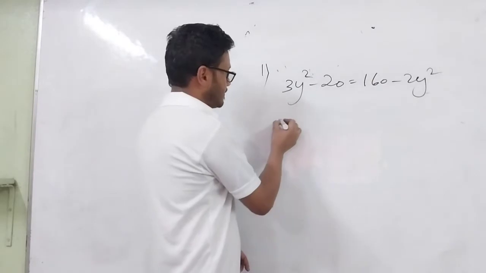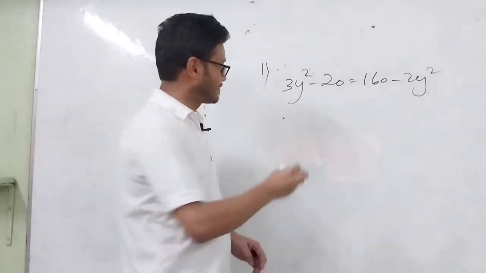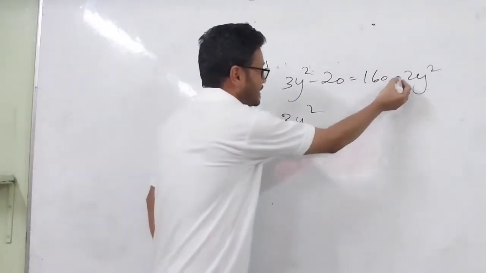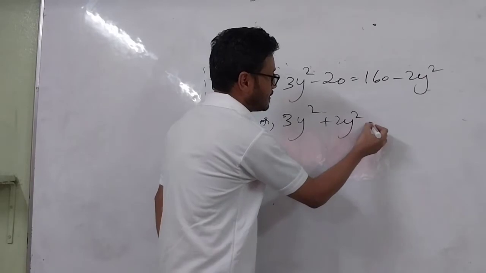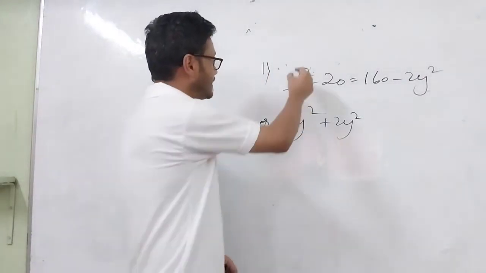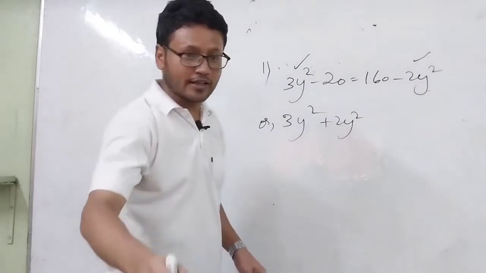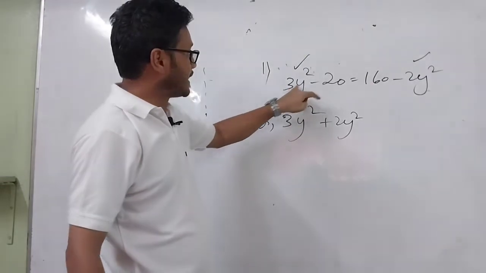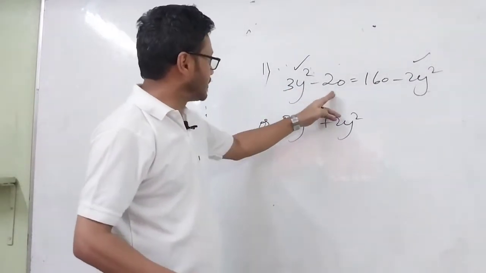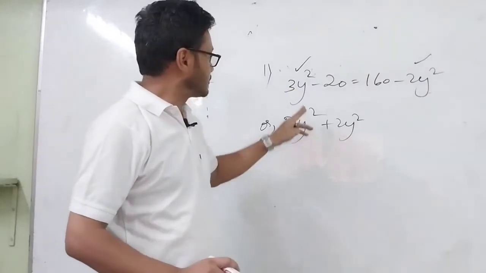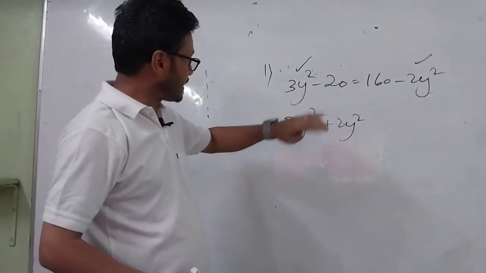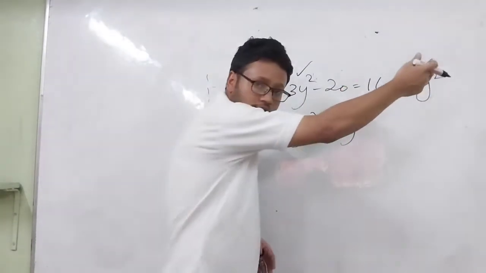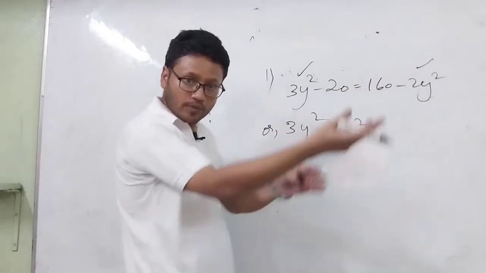Now see, first we have to look at the like terms: 3y square, and it's very simple, minus 2y square comes here as plus 2y square. These are like terms. So 3y square minus 20 equals 160 minus 2y square. 3y square and 20 are not like terms, since one is a number and the other is a variable with a number. So the number goes to one side and the like term of 3y square stays here, beyond the equals sign, that means we have to bring it here.